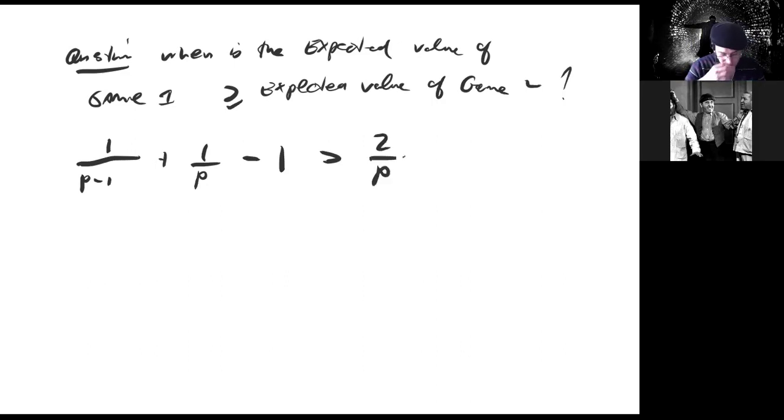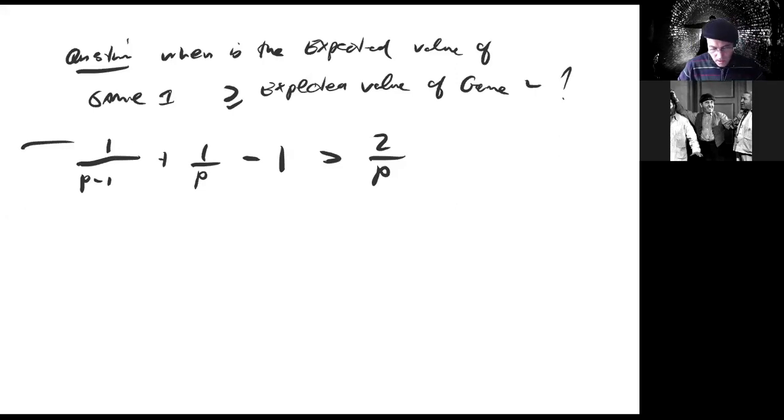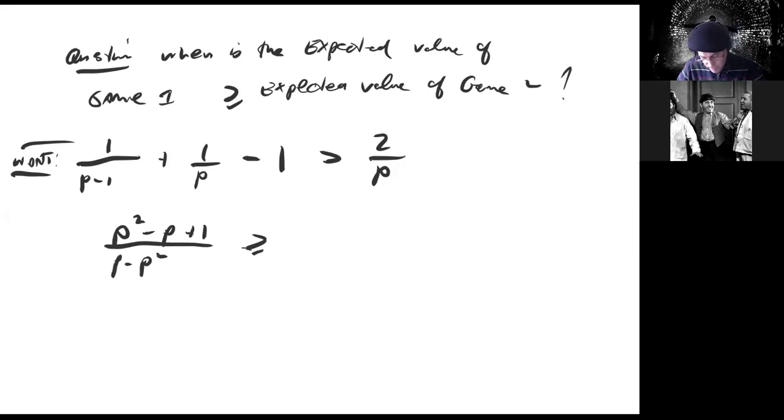And this is an inequality we can actually solve. We can rewrite the left-hand side of this inequality as p squared minus p plus 1 over p minus p squared, and we want that to be bigger than or equal to 2 over p.